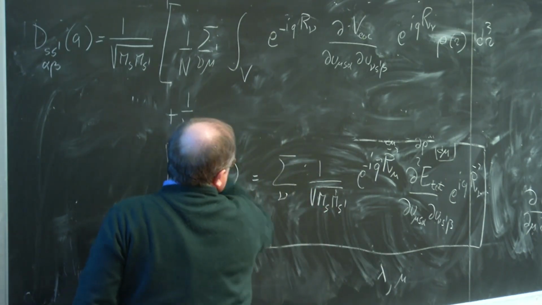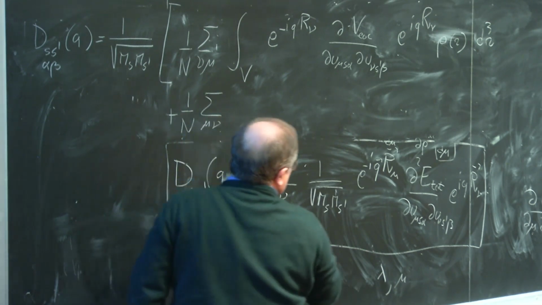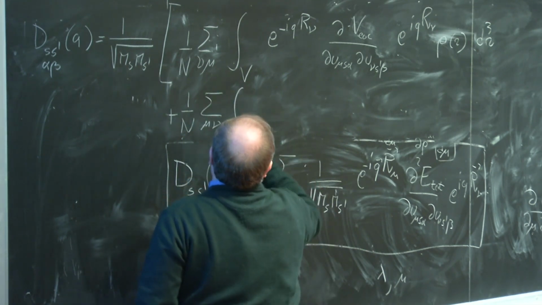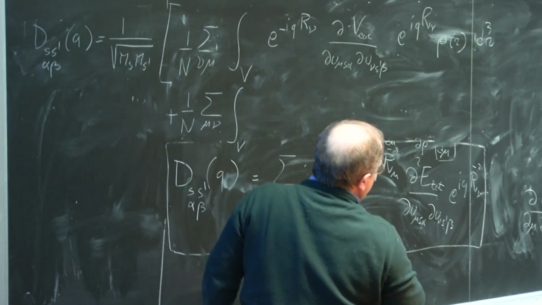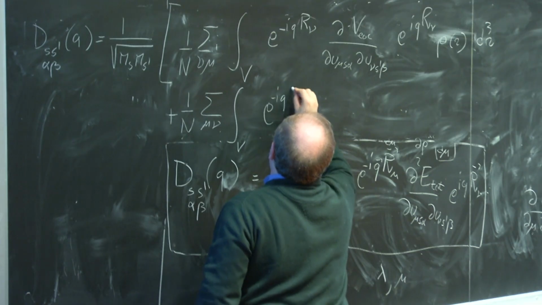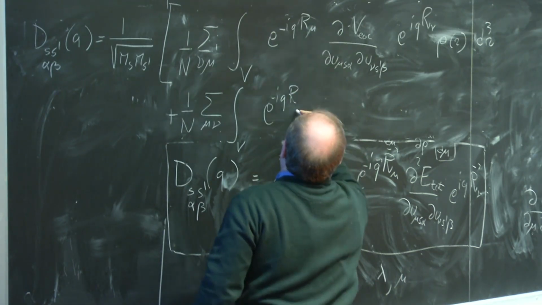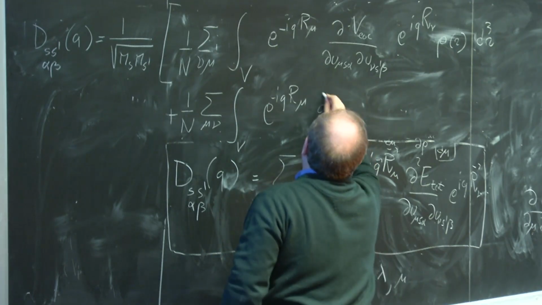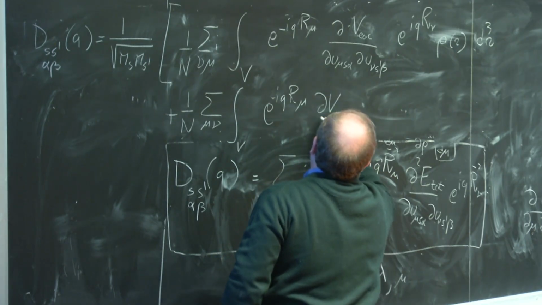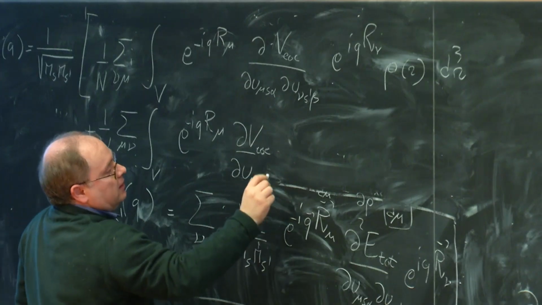So 1 divided by n, sum over mu and nu, integral over all the volume V of e to the minus iq r mu, dv log over d u mu s alpha.